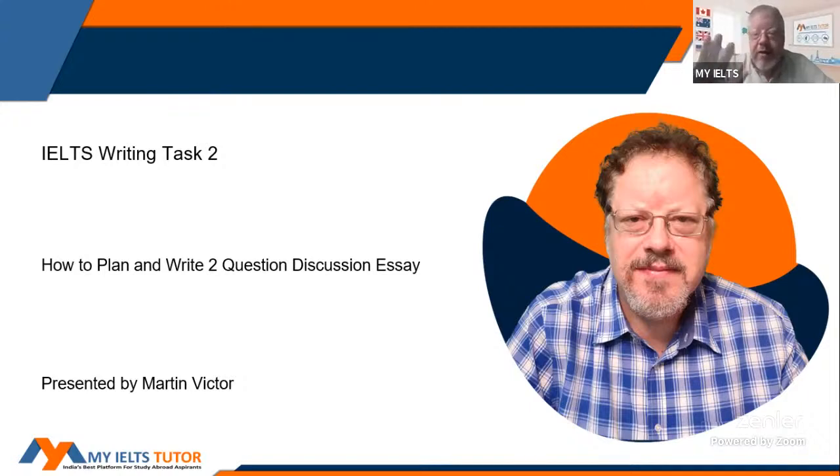You have five different types of essays. You have the opinion essay, where you're asked to what extent you agree or disagree on the topic. Then you have the 2 views essay, where you talk about 2 different views on a topic and decide which one has more validity. Then you have the advantages and disadvantages essay, where you talk about both and decide whether the advantages or the disadvantages outweigh the other.